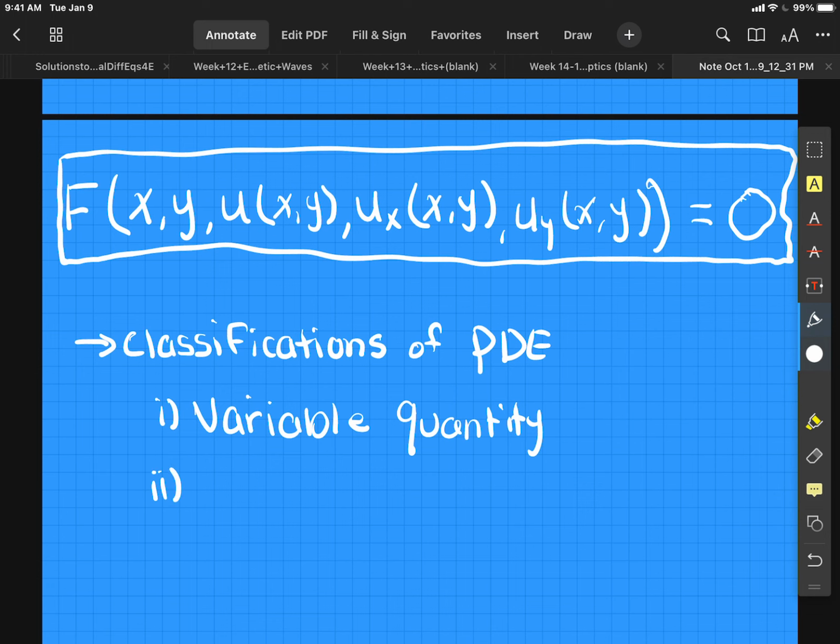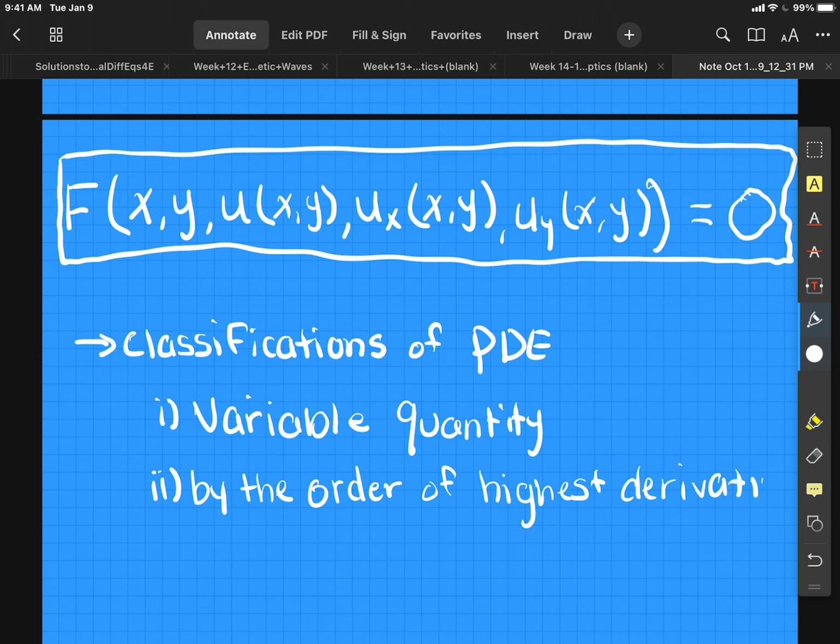The second one is that it's also done by the order of the highest derivative. Again, the highest derivative.